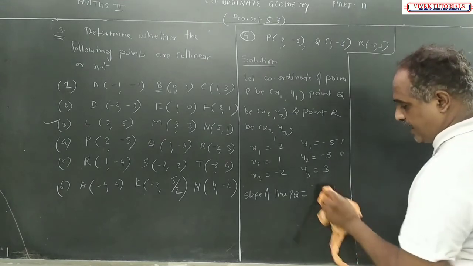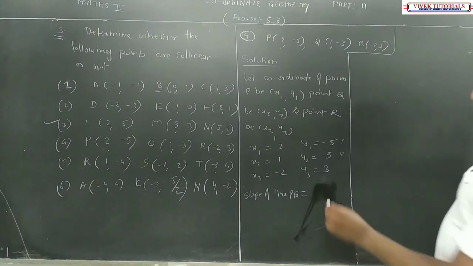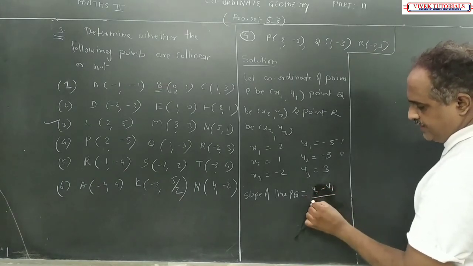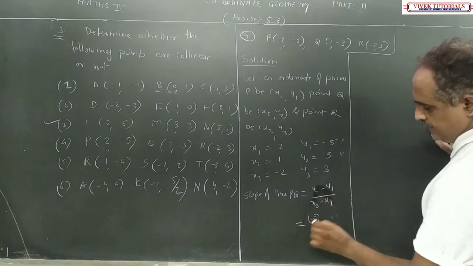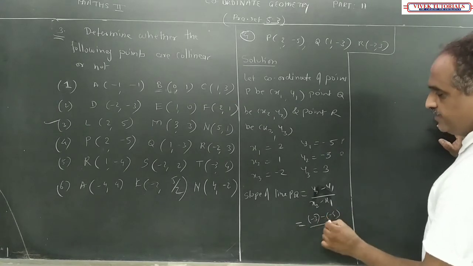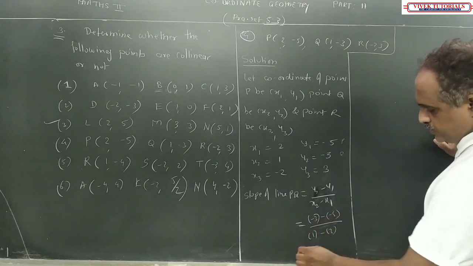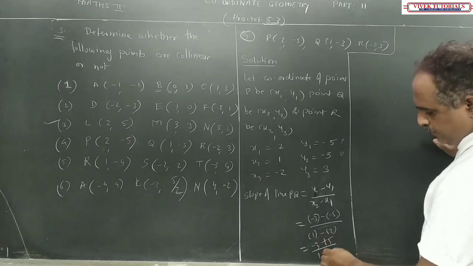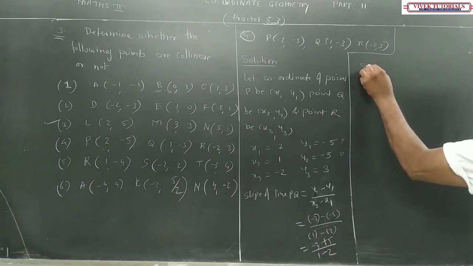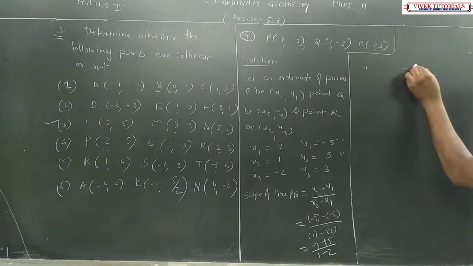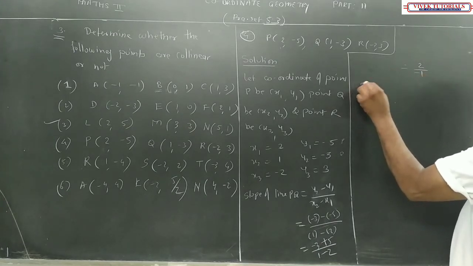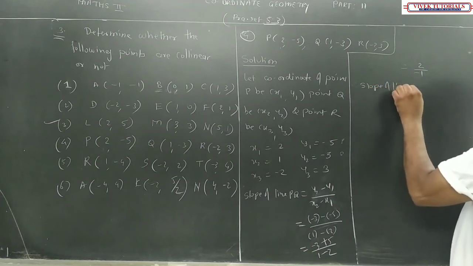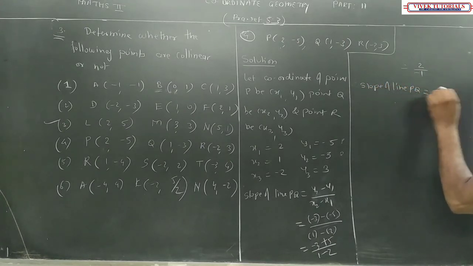The formula for the slope of line PQ is y2 minus y1 upon x2 minus x1. y2 is -3 minus -5 upon 1 minus 2. We are getting -3 plus 5 upon 1 minus 2, which is equal to 2 upon -1. Therefore, the slope of line PQ is equal to -2.